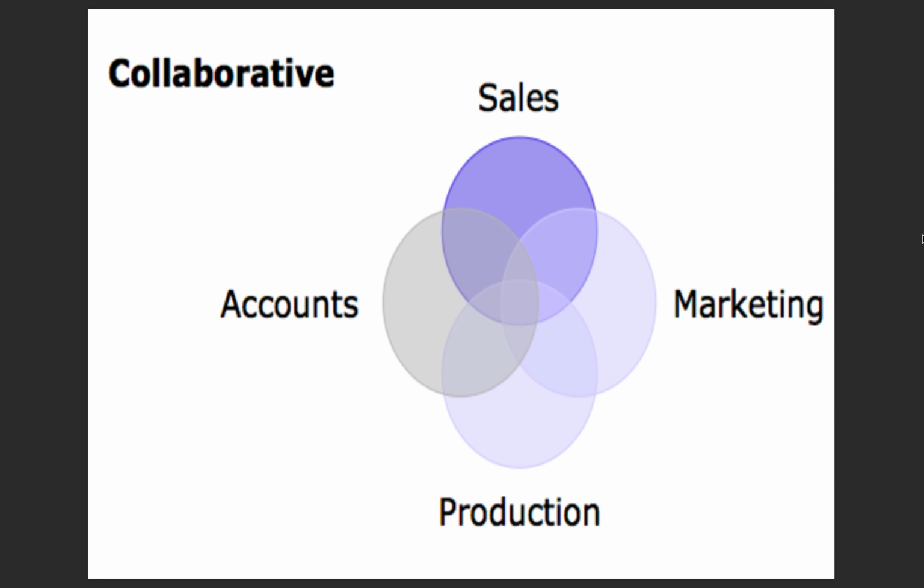Here, also another representation of flat or horizontal organizations where different parts of the organization depend on each other to come up with a conclusion about any problems or issues in the organization. As we can see, accounts, sales, marketing, and production, they're all being merged together rather than being separated and being controlled by an individual.